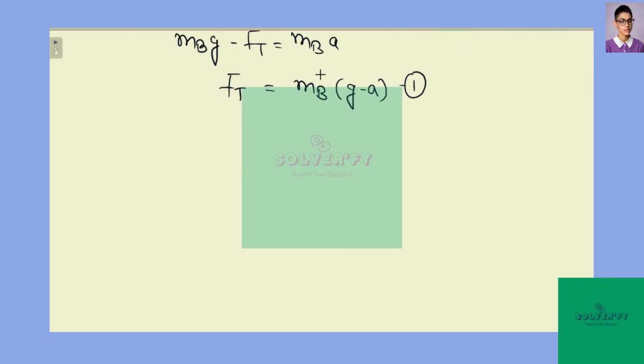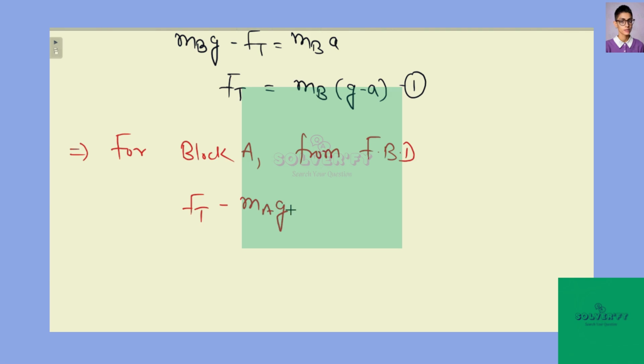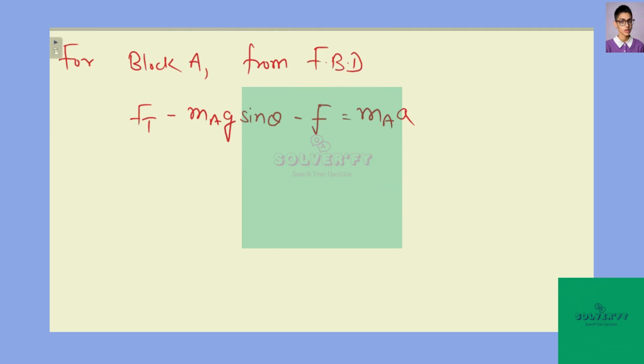Now I'm going to write the force balance for block A from the free body diagram. It can be written as tension force ft minus ma g sine theta minus frictional force f equals mass into acceleration. This is from Newton's second law, and let this be our equation second.